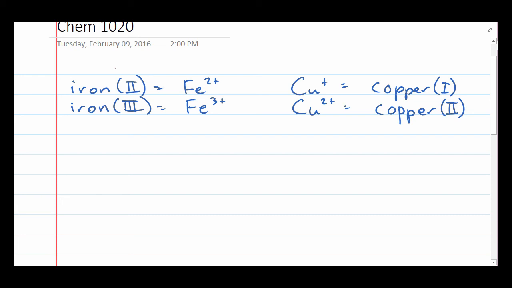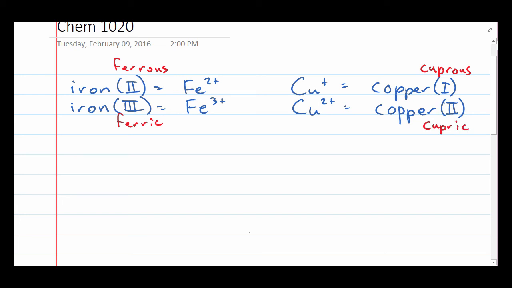The way these things were previously named is that this first one was called the ferrous ion, and the second one here was called the ferric ion. And in the case of the copper 1 and copper 2, this first one was called the cuprous ion. The second one here was called the cupric ion.